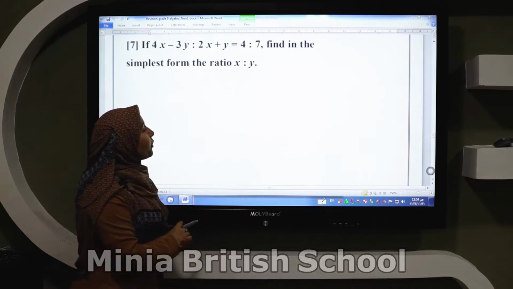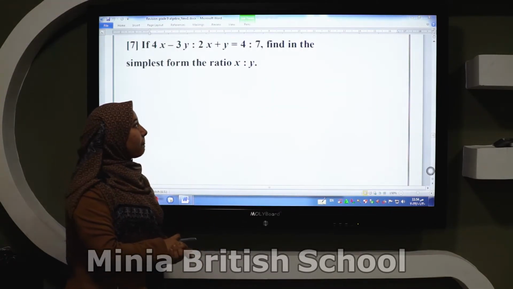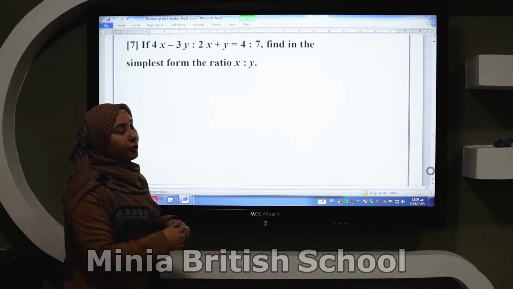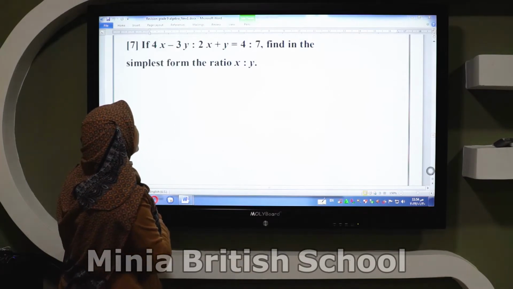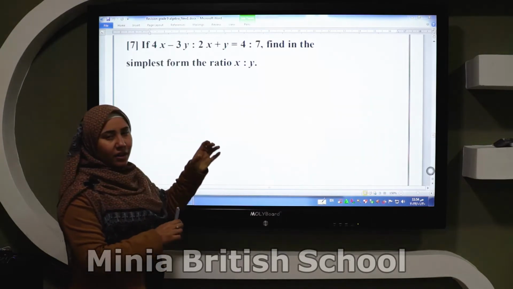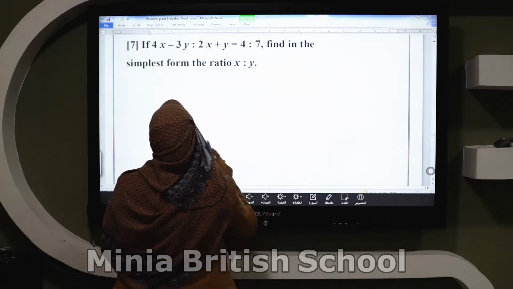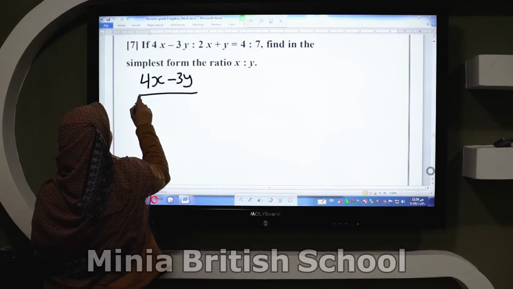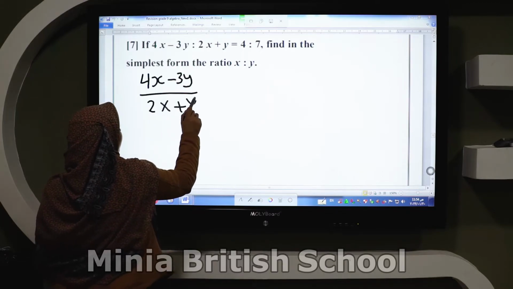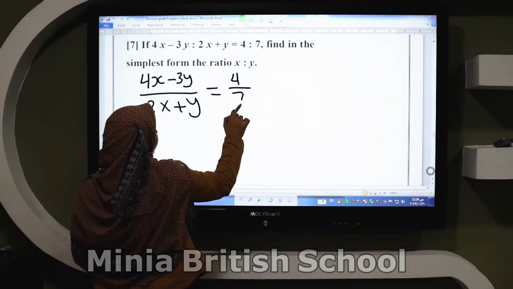Okay? Next exercise, number 7. If (4x minus 3y) over (2x plus y) equals 4 to 7, find the simplest form of the ratio of x to y. I can write it in fractional form: 4x minus 3y over 2x plus y equals 4 over 7.